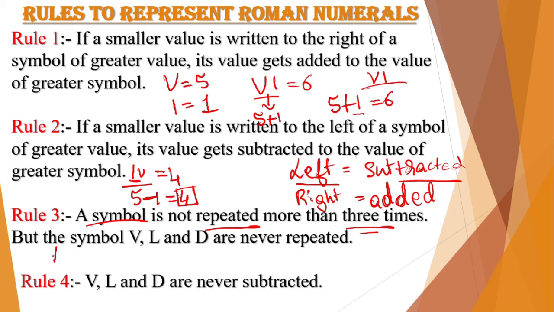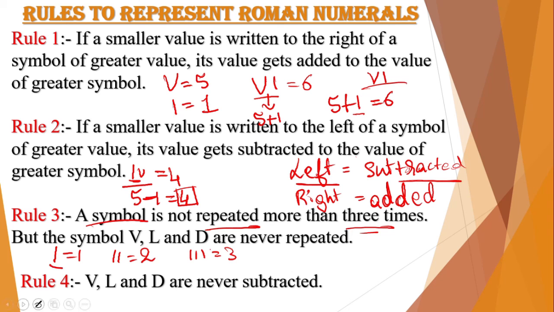So what does I represent? 1, I, 2, I, 3. But 4 is not written as I. No, right? 4 is not written like that. 4 is written like this, right? So this can be the example for I, for the first sentence.